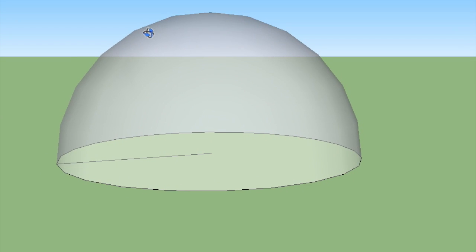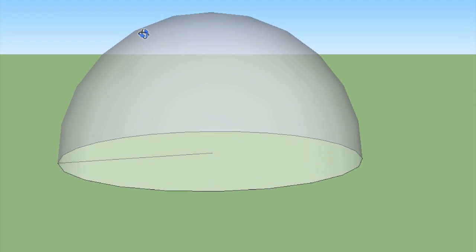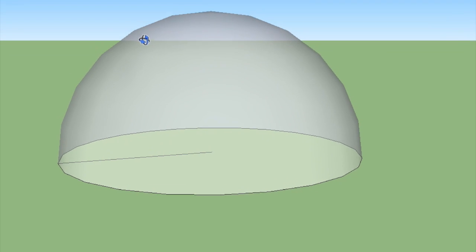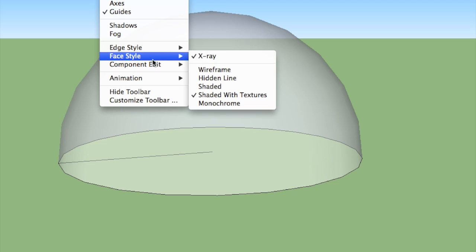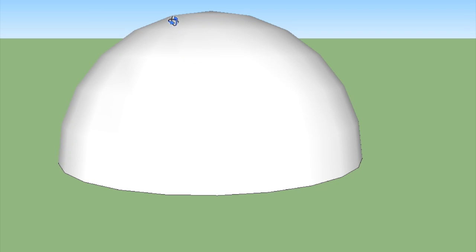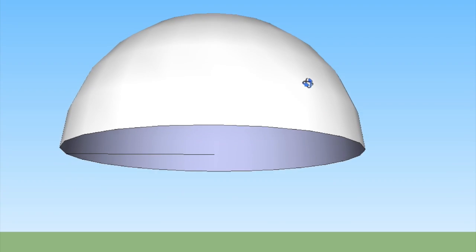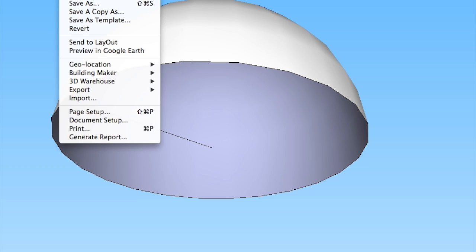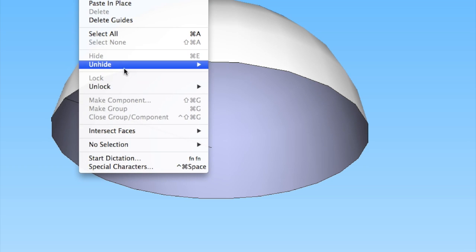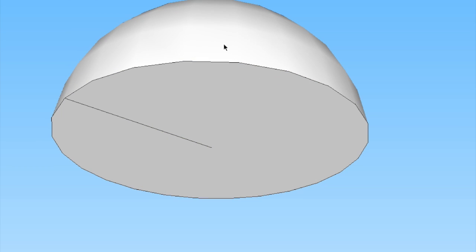Now, the typical mistake would be to just take the surface area of a sphere and cut it in half. However, the problem with that is, let's turn off the X-ray here. If I just take the surface area of a sphere and cut it in half, then I'm missing this bottom circular sort of base or footprint.